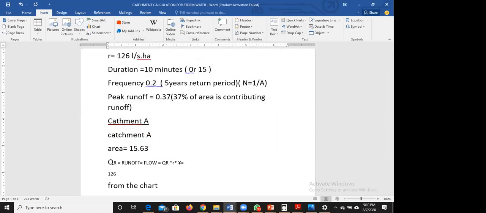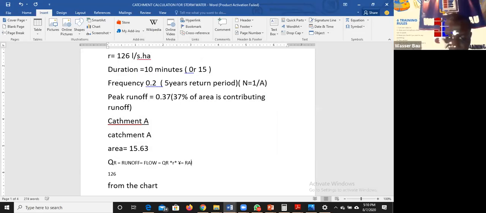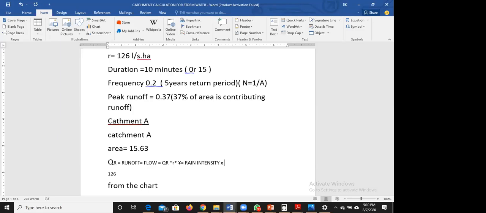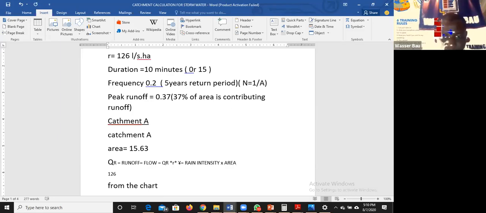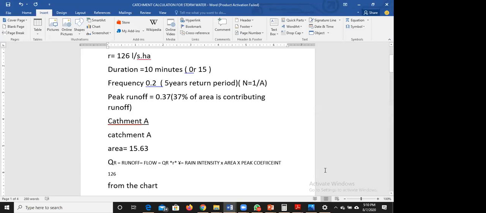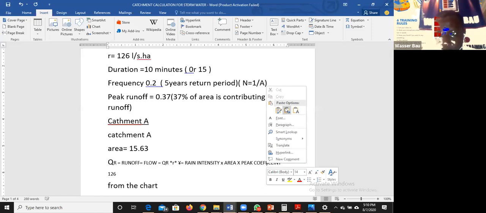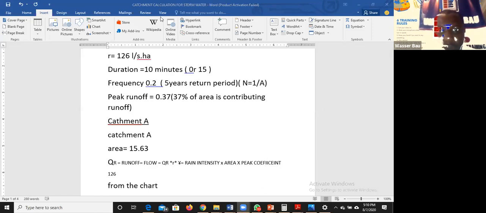Which means rain intensity multiplied by the area, multiplied by the peak runoff coefficient.